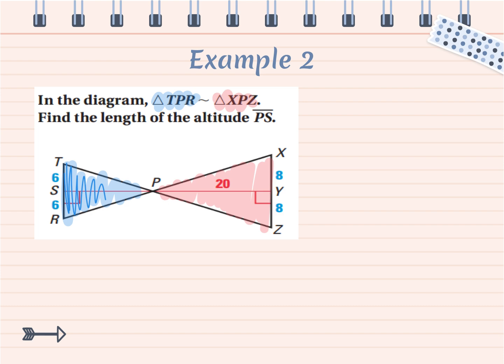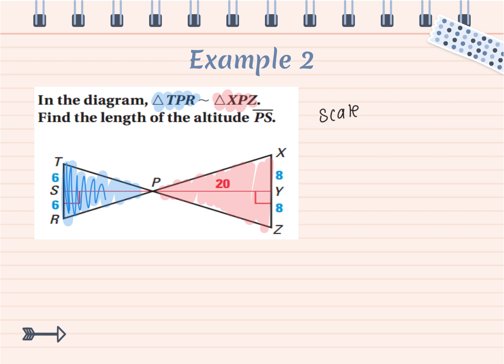They're giving me a certain length. So I'm going to find the scale factor. Remember, scale factor is the same as finding the ratio for the side length. So I'm going to solve for my side lengths in order to find my scale factor. These are similar. I'm going to find my scale factor, then I'm going to use that scale factor and PY to find PS. So scale factor, that's what I'm going to find first.